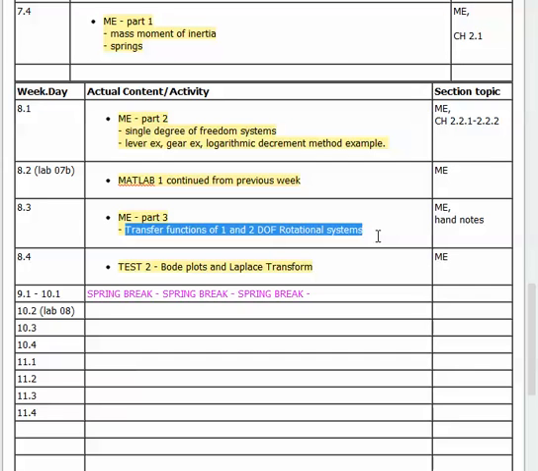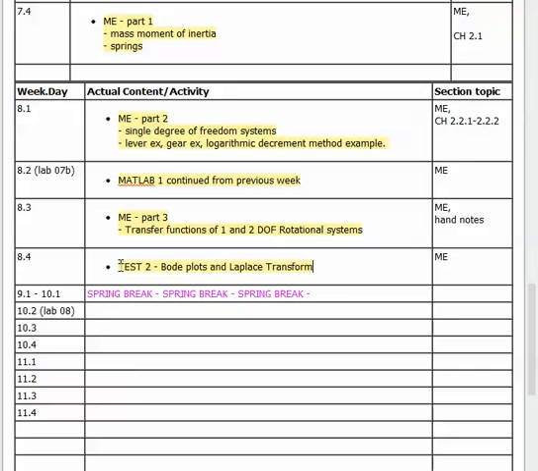So again, those are just exercises for you to practice. Again, if you haven't gone through the notes on rotational systems, these hand notes, before class, then you won't make very good use of class time. But again, there's nothing to turn in here. They're just for your practice and just for your learning.